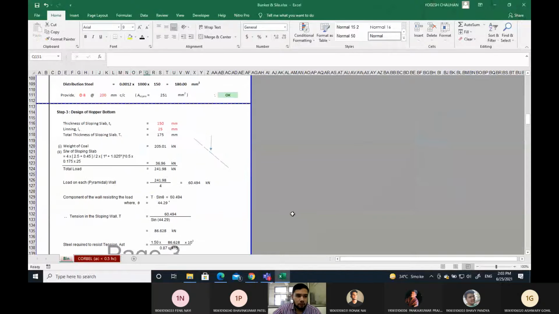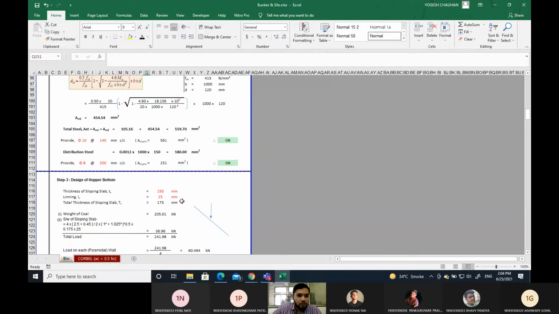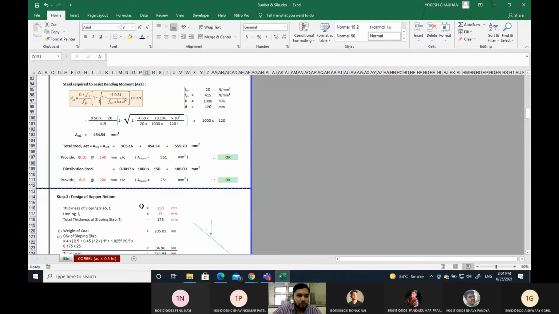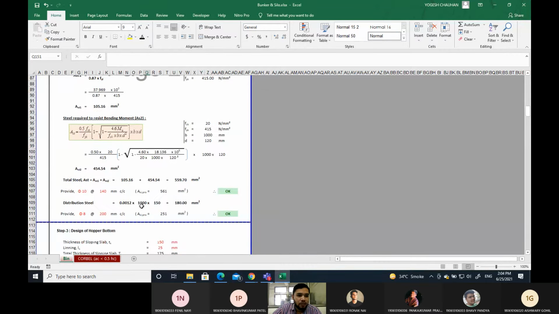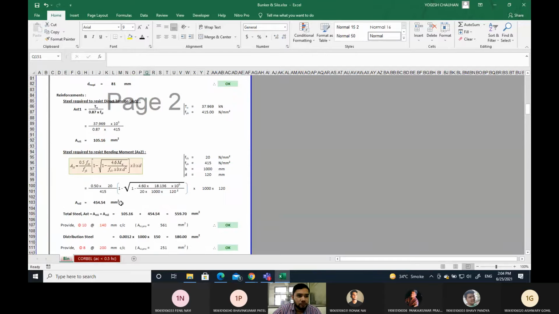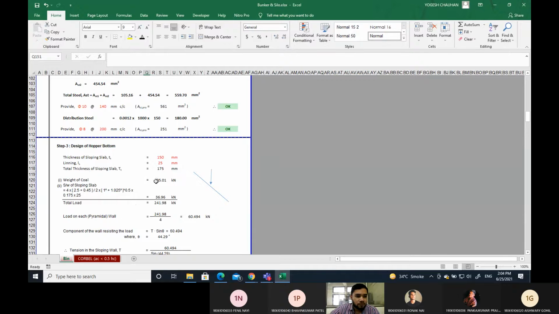So, in the previous lab, we started with the design of these bunkers using an Excel spreadsheet. We covered the preliminary dimensioning part, the design of side walls, and some part of the design of the bottom hopper.